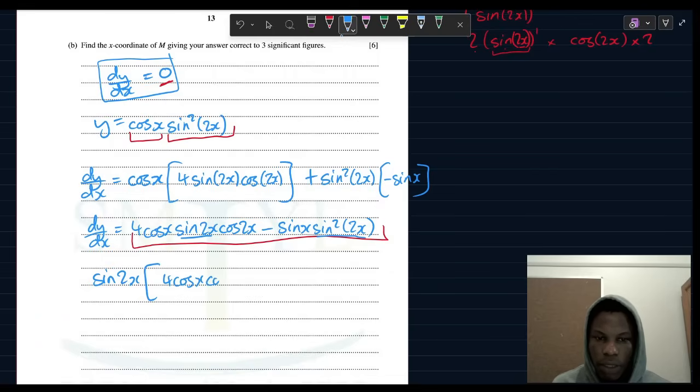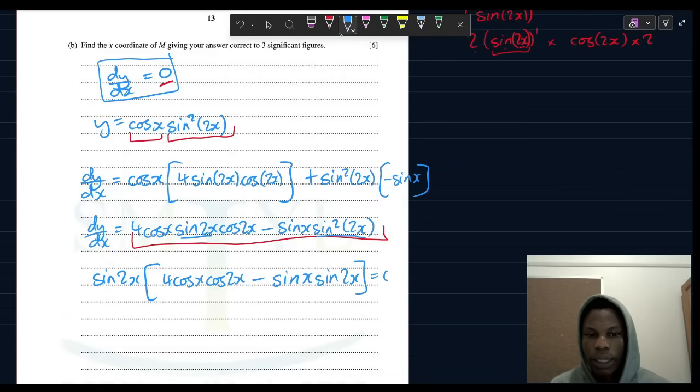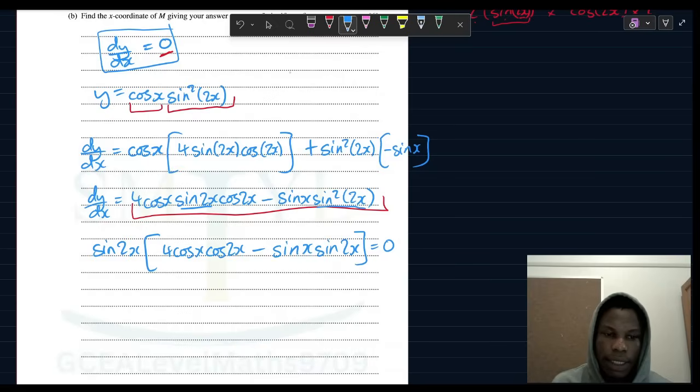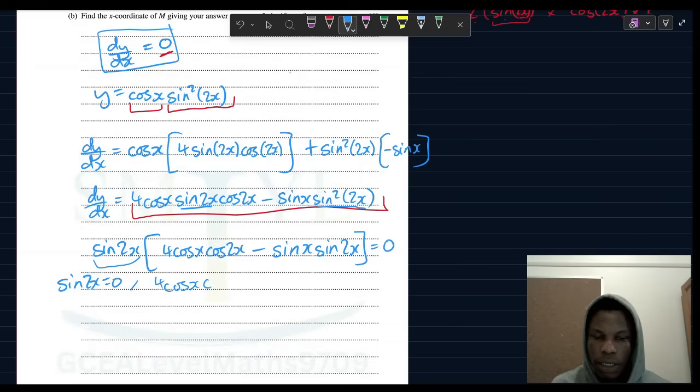We've got cos 2x minus sine x, and now we're left with only one of the sine 2x's, and this is all equal to 0. And so either sine 2x is 0, which is this part, or that big square bracket is 0: 4 cos x cos 2x minus sine x.